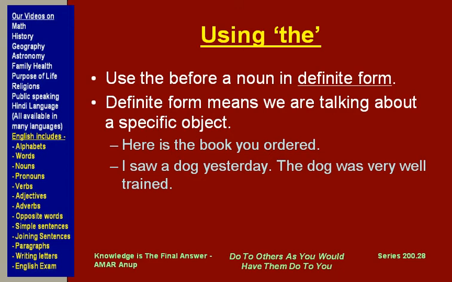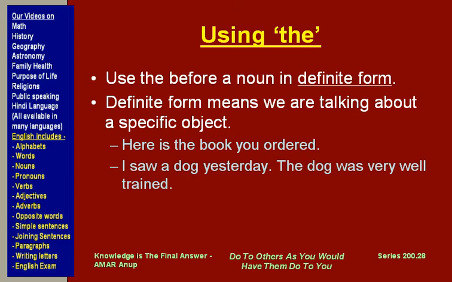Another example, I saw a dog yesterday. The dog was very well trained. Now in the first sentence we have used a because till now both of us, you as a listener or reader and I as the speaker, we have not identified which dog.